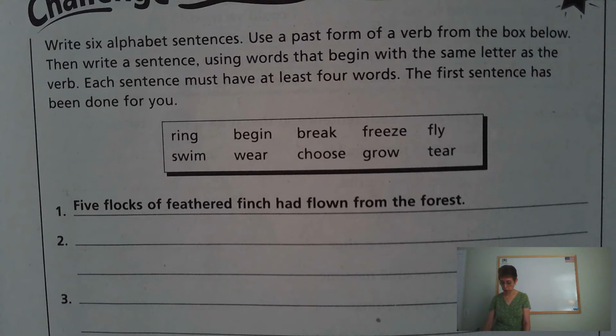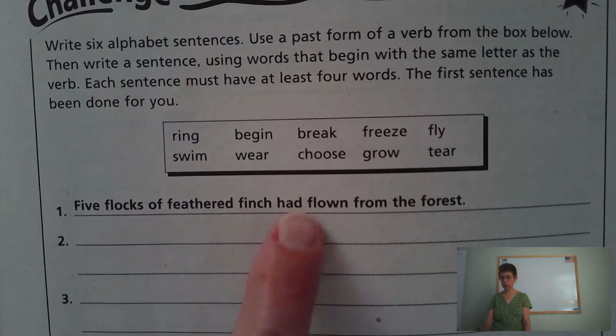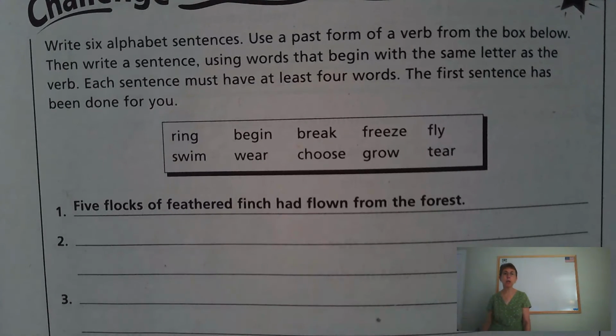So you're going to choose 5 different verbs from the box. Do not repeat any of the verbs. Choose 5 different ones from the box. Use either the past tense or past with the helper. So here again, they use past with the helper. It could have also been just flew. 5 flocks of feathered finch flew from the forest.